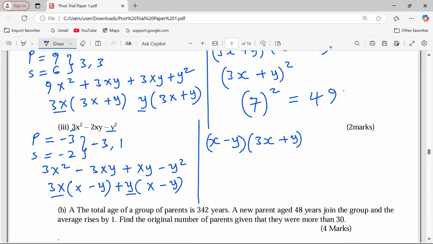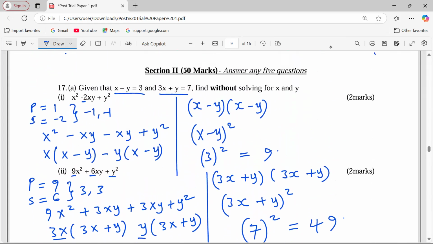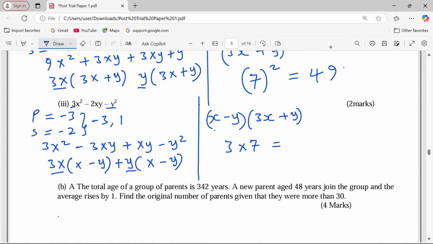So x minus y is 3, and 3x plus y is 7, according to what has been provided. This gives us exactly 21.